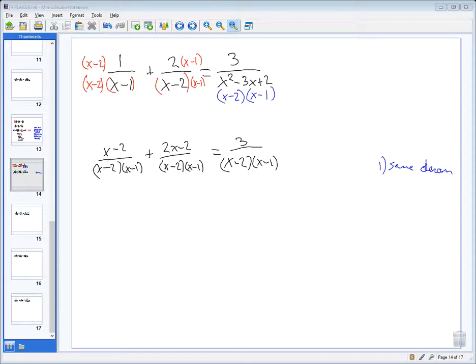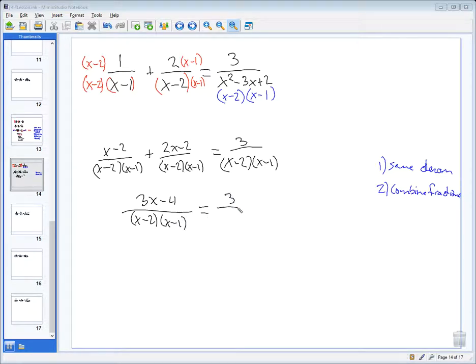Now we combine these fractions together, which was our next step. Combine these fractions and I get 3x minus 4, and that's over an x minus 2 and an x minus 1.